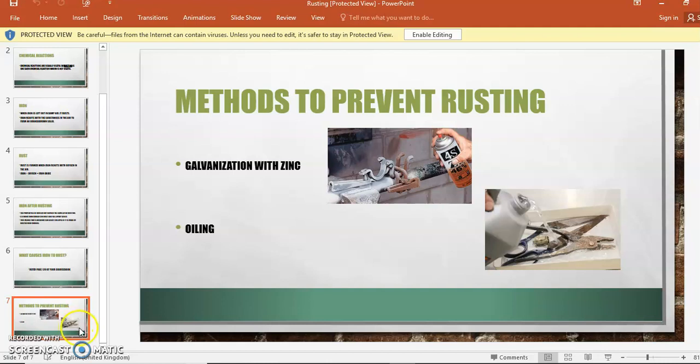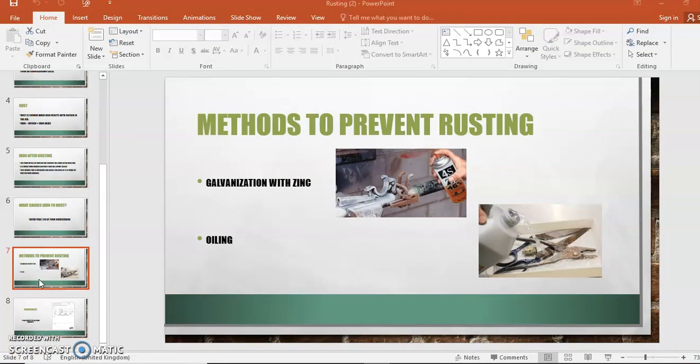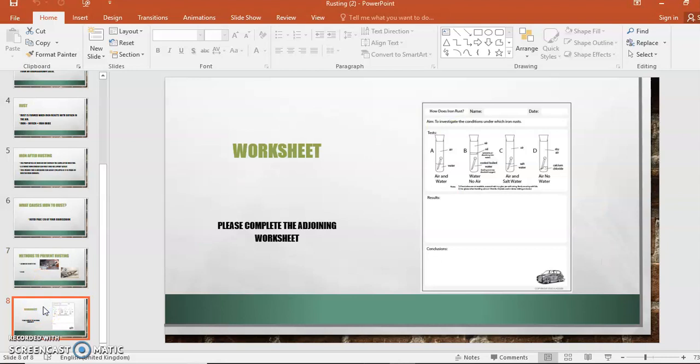After this, see, I have given one worksheet. I will show it to you. Okay children, see, there is a worksheet and you have to complete it according to the practical activity which is given on page number 120.